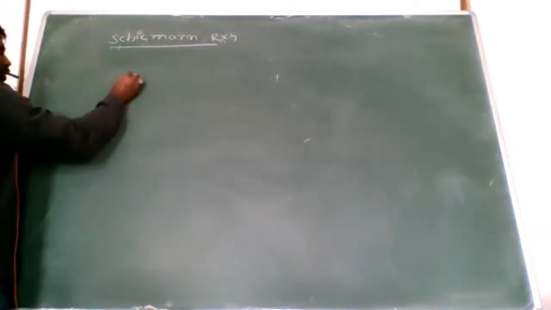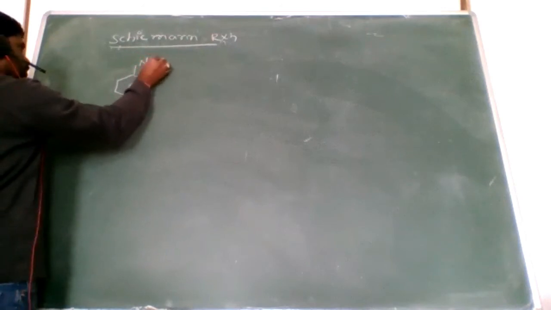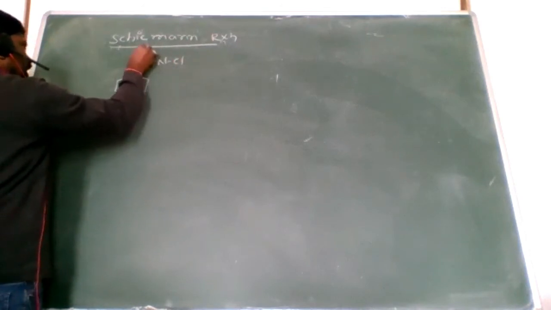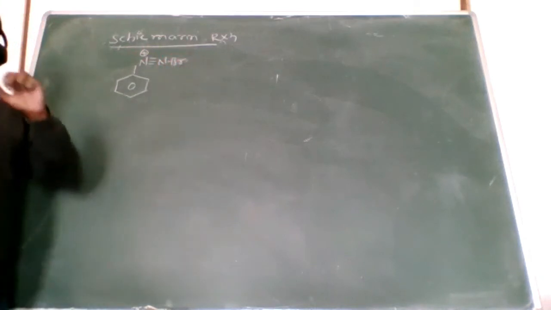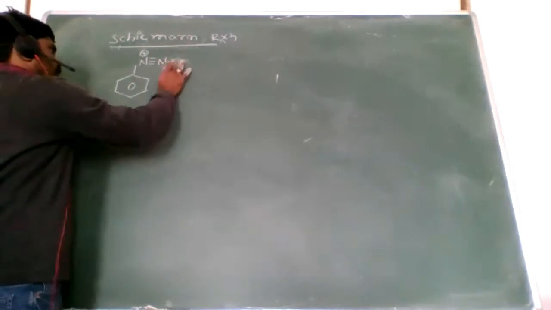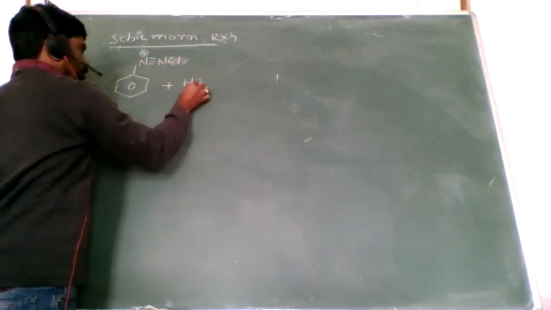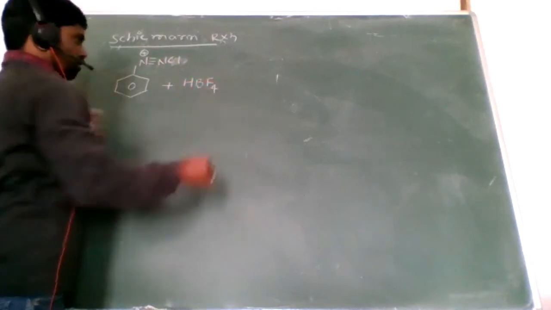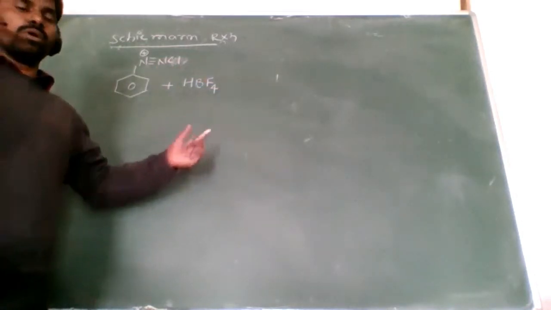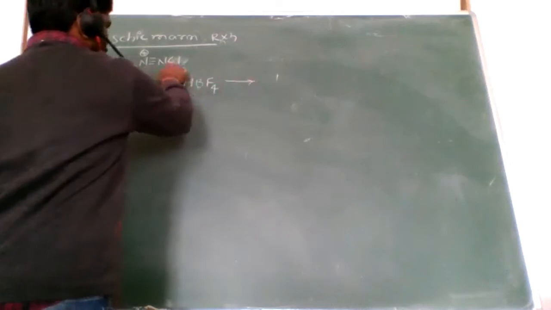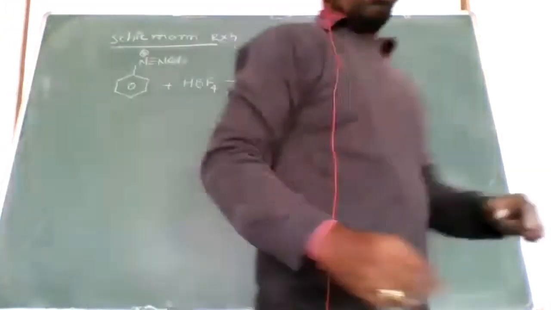When diazonium chloride, or whatever the diazonium salt, here I am taking diazonium bromide or chloride; I am taking the bromide for example, or if you take chloride, no problem. When diazonium salts react with fluoroboric acid, HCl is removed.